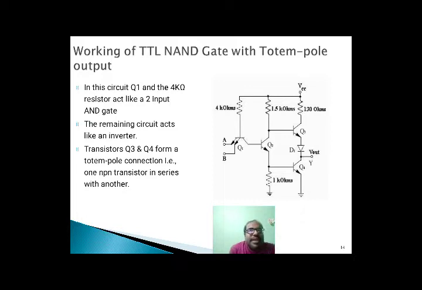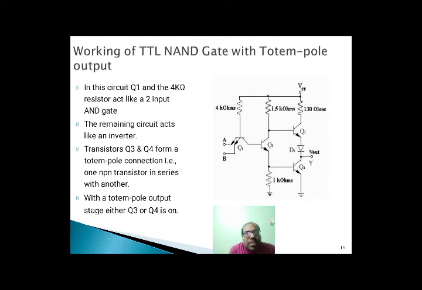Once again I am repeating, transistor Q1 and the 4 kilo ohm resistor act like a 2 input AND gate. The remaining circuit acts like an inverter. Transistors Q3 and Q4 form a totem pole connection, that is one NPN transistor in series with the other NPN transistor.